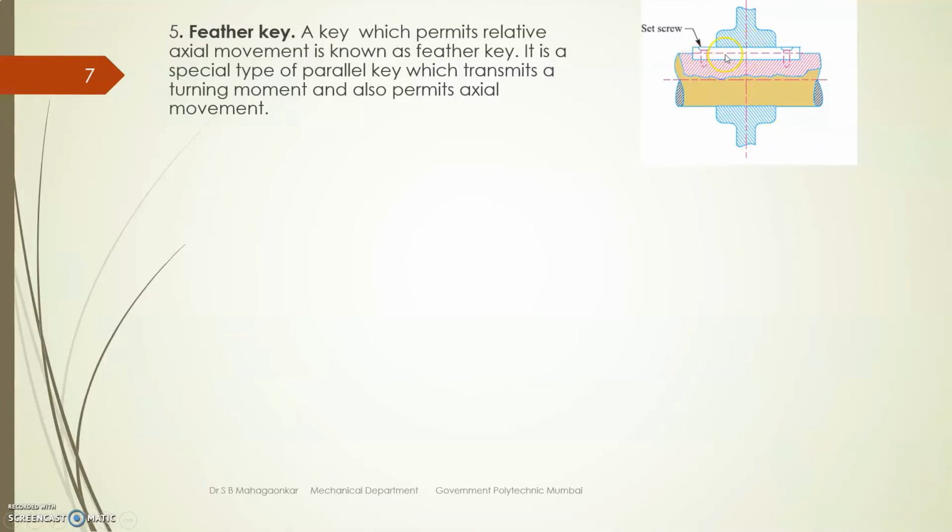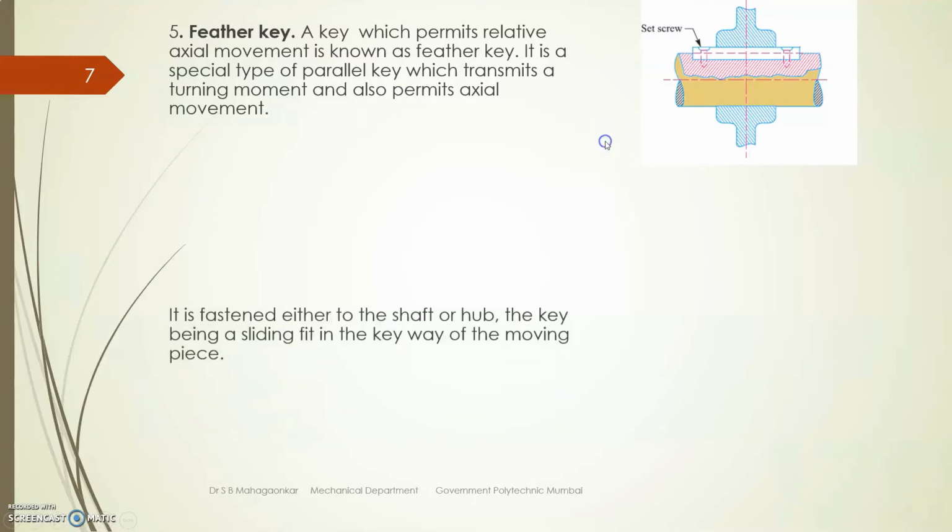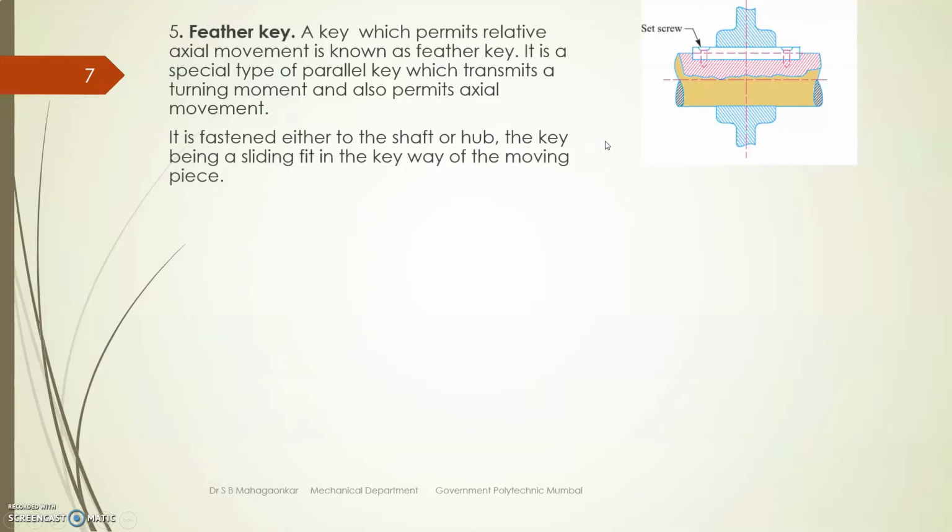It is fastened in the recess of the shaft by means of a set screw, and the mating part can have an axial movement along its axis. So it transfers the torque as well as allows axial motion. It is fastened in the shaft through the set screw, as I said.